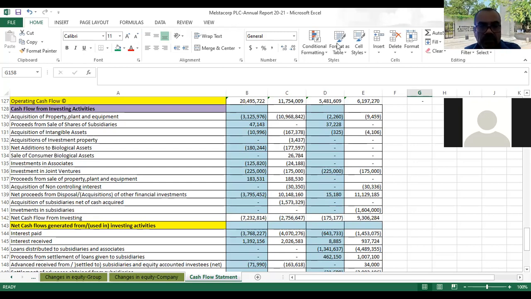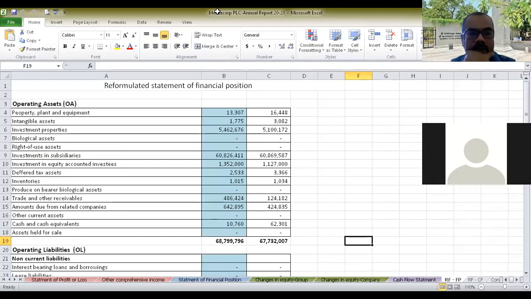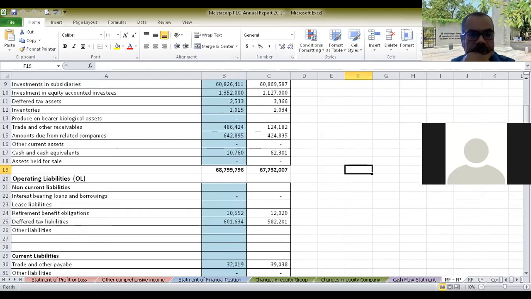Yes, please. Okay. Operating assets. Okay. Operating liabilities.